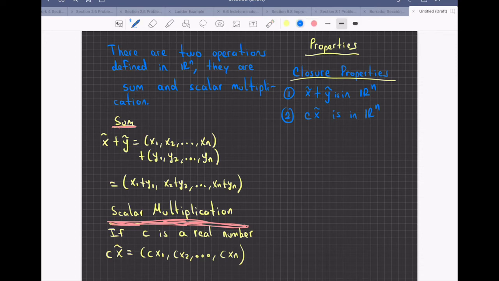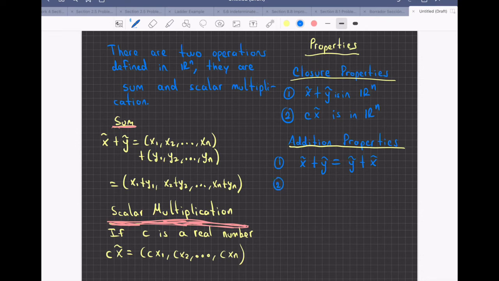Now, addition properties. Number one, if you add x plus y, this is the same as y plus x. I think it makes sense, right? But this is a property that we assume as true.